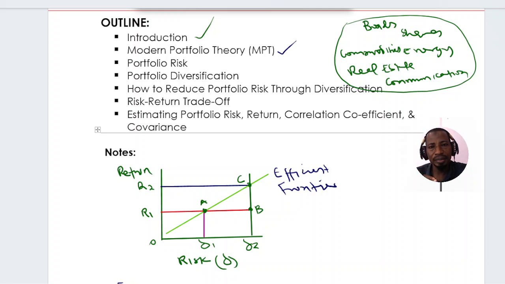Most importantly, portfolio diversification is saying that do not put all your eggs in one basket.